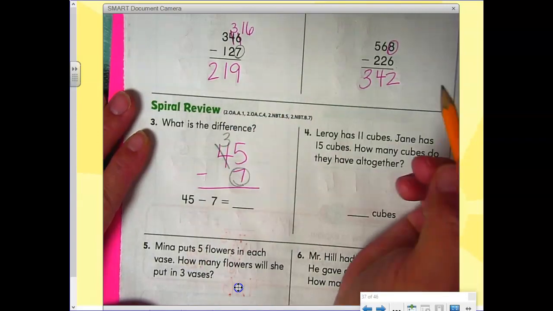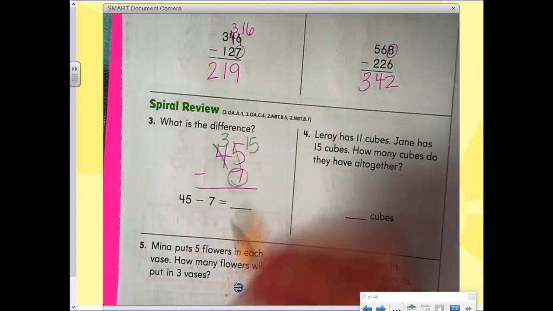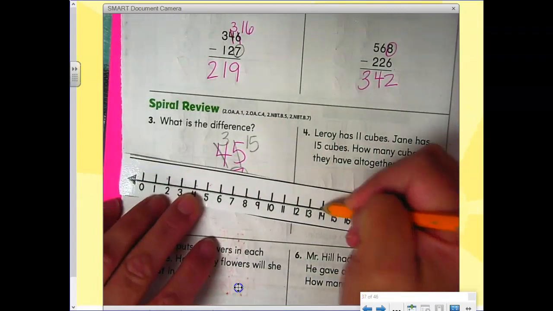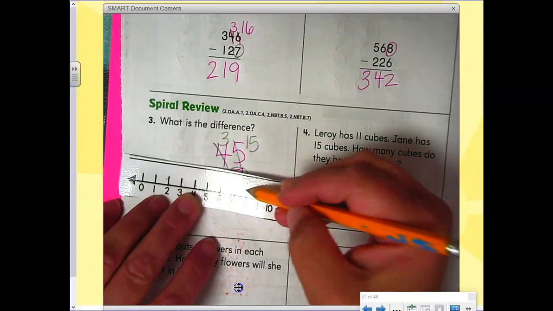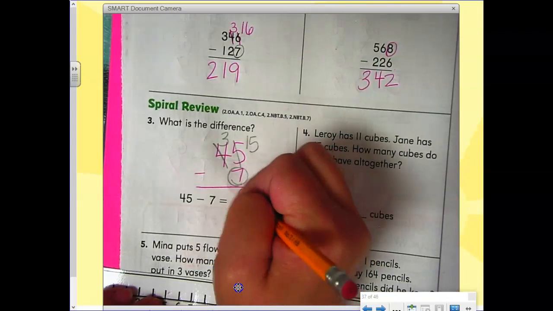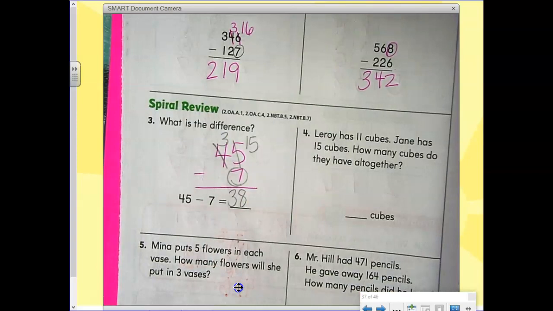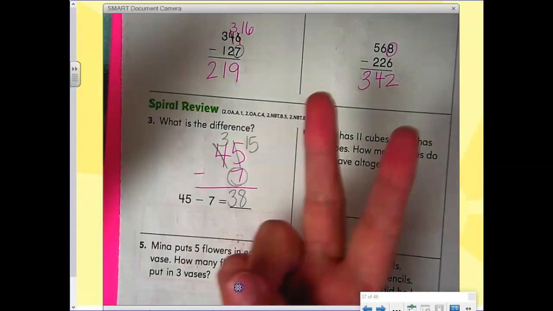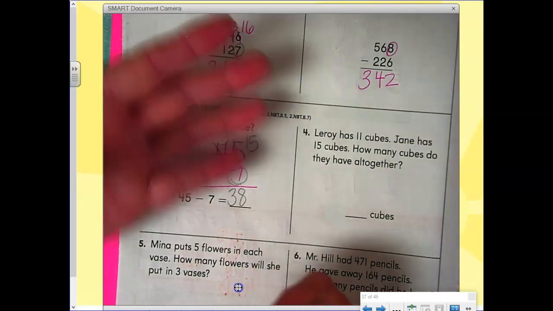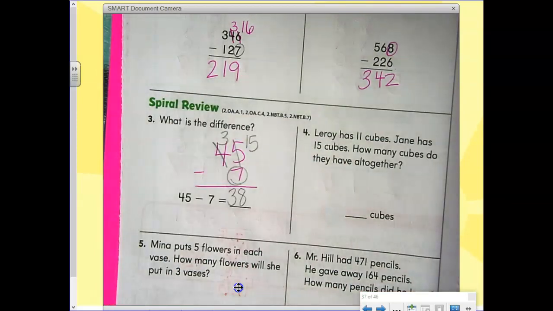So that's 3, 15. 15 minus 7. 15, hop back. 1, 2, 3, 4, 5, 6, 7. 8. 3 minus nothing is 3. 38. Or you could have 45 in your head and count back 7. 45, 44, 43, 42, 41, 40, 39, 38. You could do it either way.